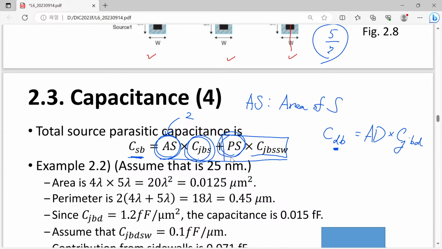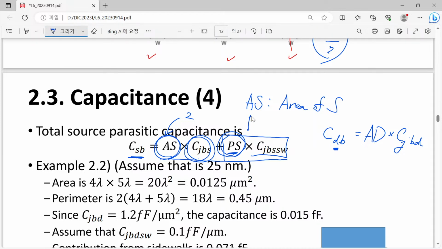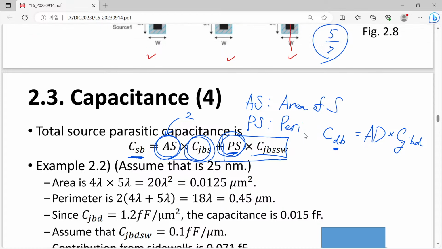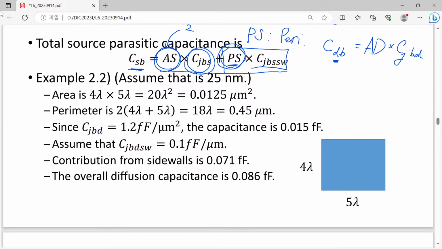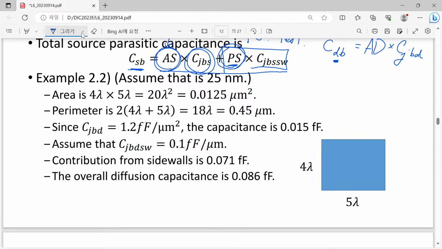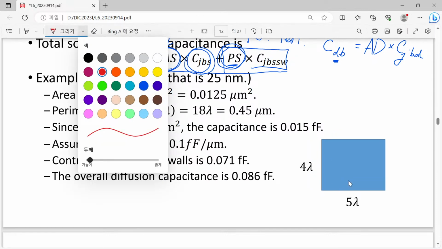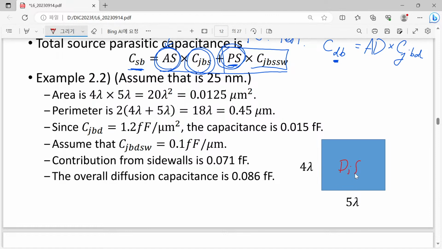And here we have another quantity, PS. What is it? This is the perimeter of your source. Let's go to this one here. Let's say that this is your drawn diffusion. I have drawn a diffusion region whose width is 4 lambda and its length is 5 lambda.